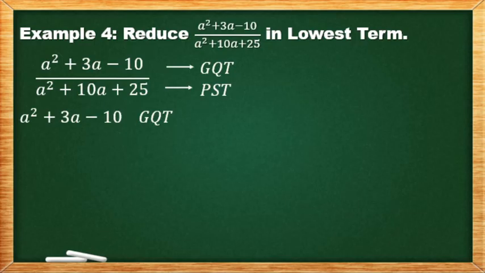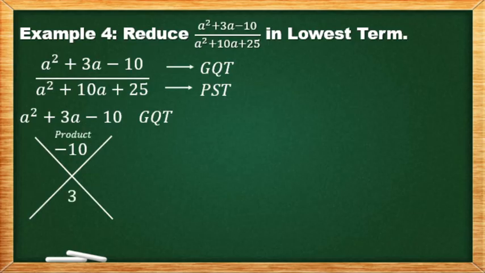A squared plus 3a minus 10, GQT, the cross method. If you multiply the two numbers, negative 10. If you add, positive 3. This is the product, negative 10, and the sum is 3. Now, magkaiba, ang product natin ay negative, so magkaiba ulit sila ng sign, negative and positive. Observe the sum. The sign of the sum is positive.